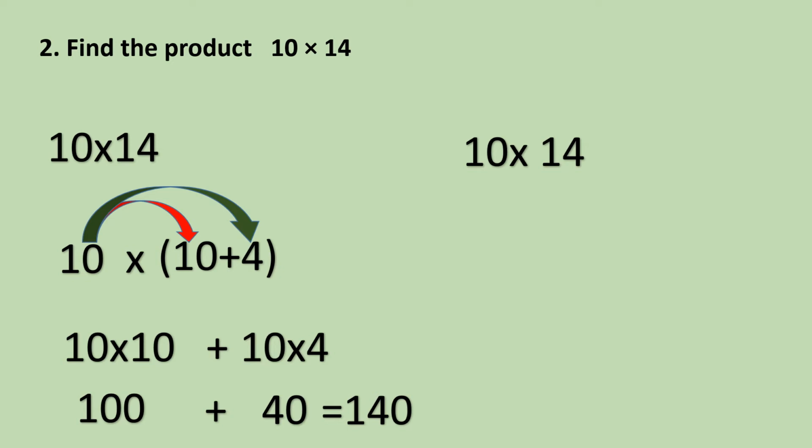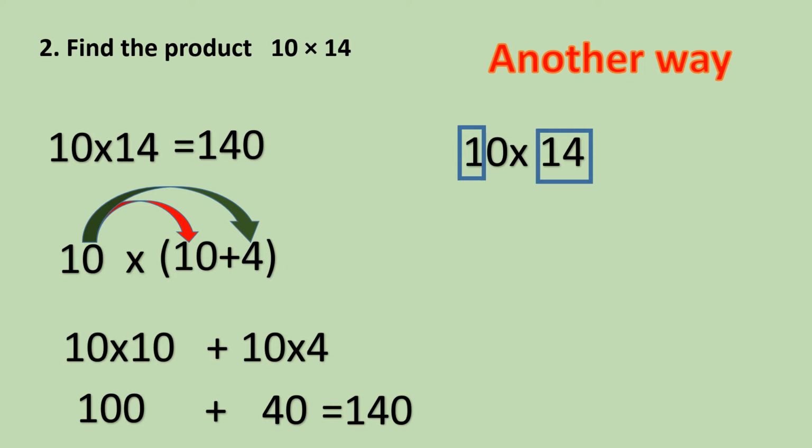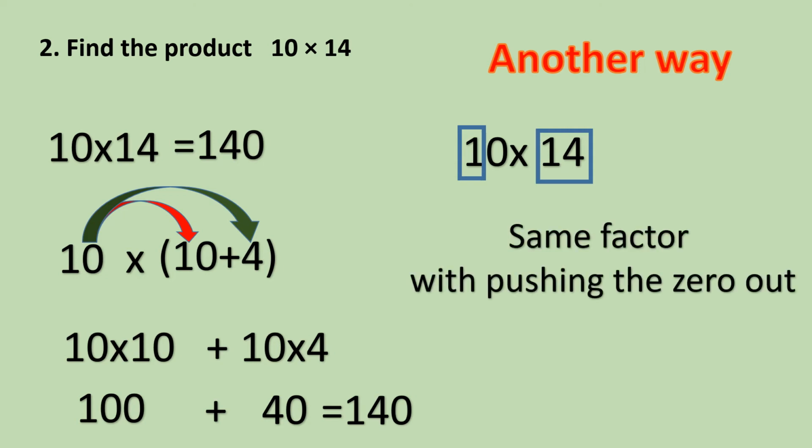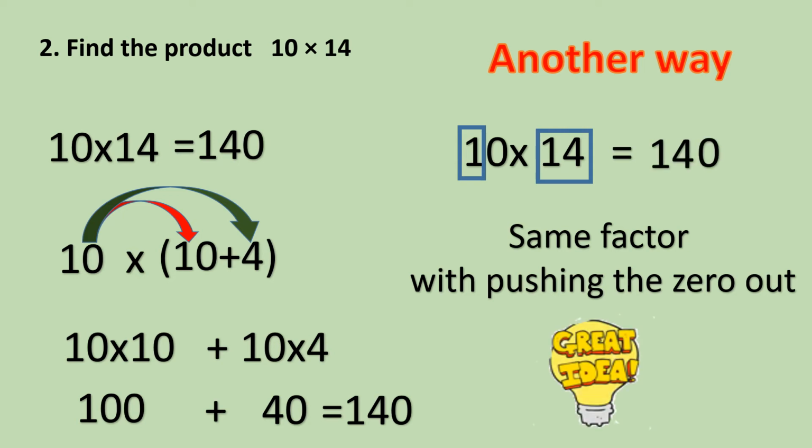But actually we have another easy way, which shows that when we multiply any number times 10, we just write the same factor as it is and push the 0 outside. So this means that we multiply 14 times 1, which will give us, of course, 14, and then just push the 0 out. It's a great idea.